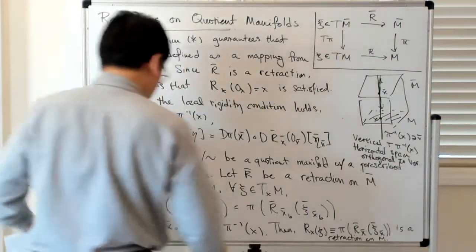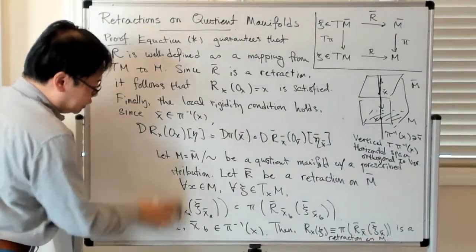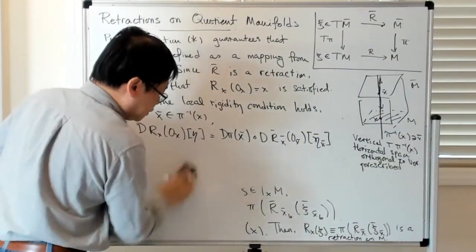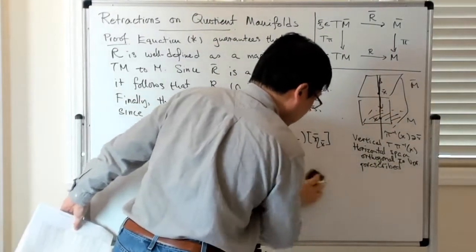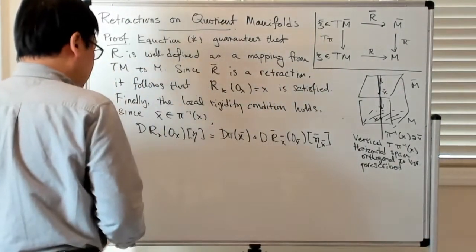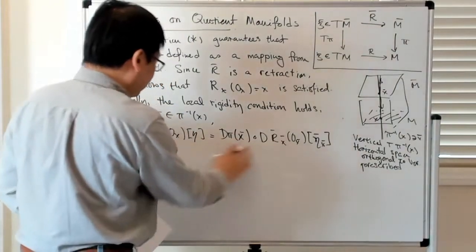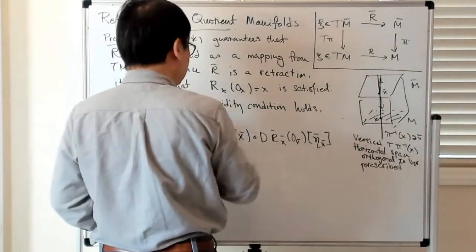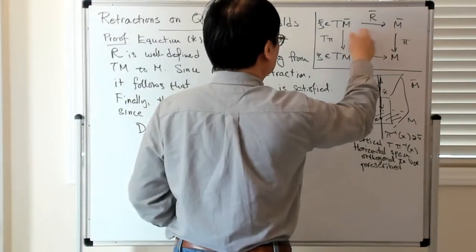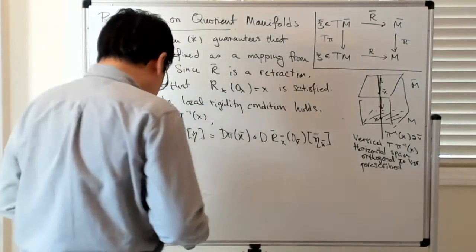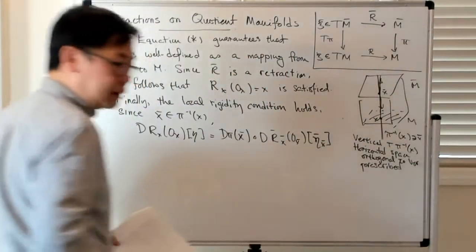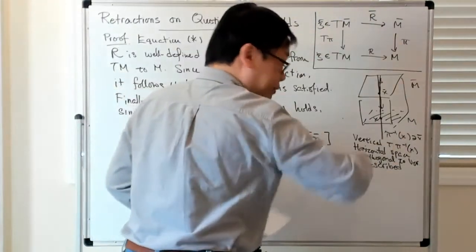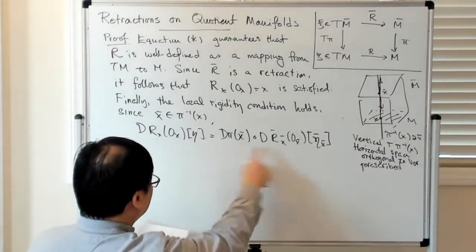Okay. Right, so the way I do this, of course, is that I'm using this definition of the retraction in terms of the horizontal lift composed to the retraction, composed to the projection, right? Okay, and then you apply the chain rule to that characterization of the retraction in terms of these compositions of maps, and that's what you get.